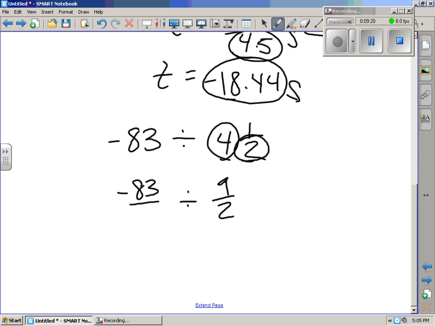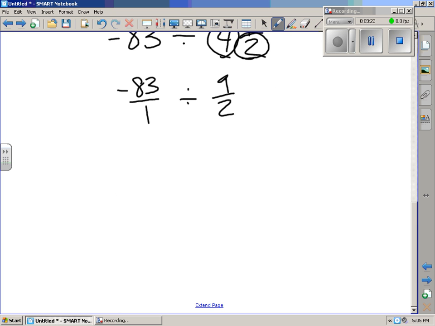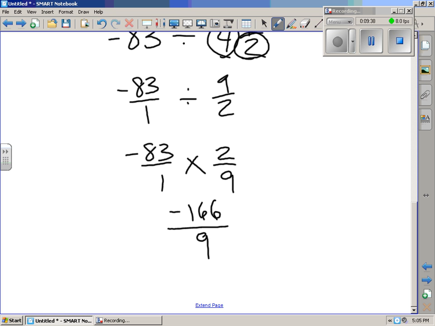I'm going to write negative 83 as a fraction, negative 83 divided by 1. Keep, change, flip. Then I take negative 83 and multiply it by 2, and I get negative 166. And 1 times 9, I get 9.